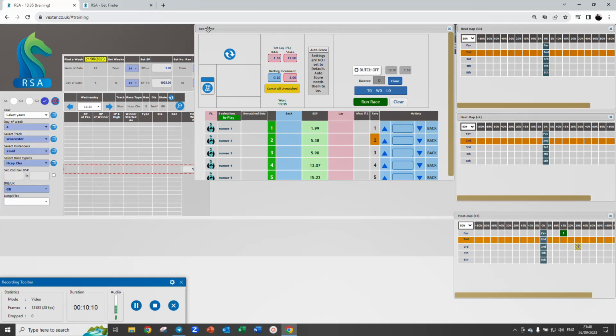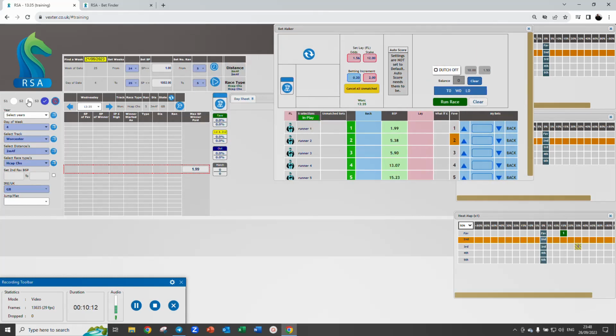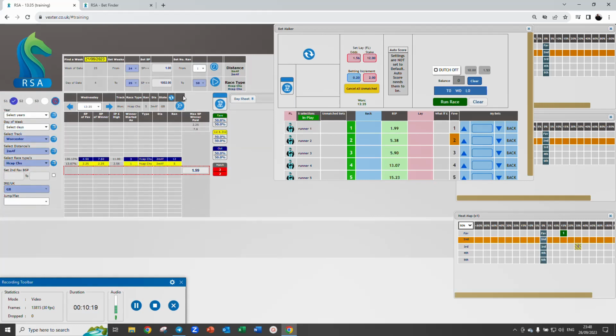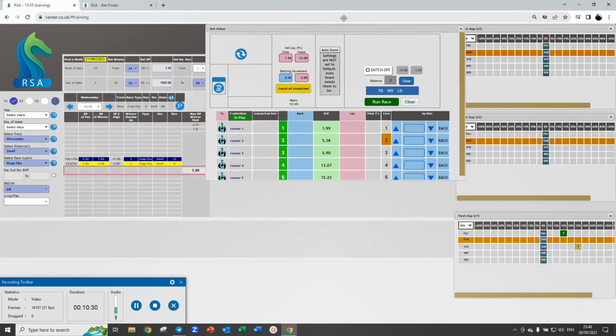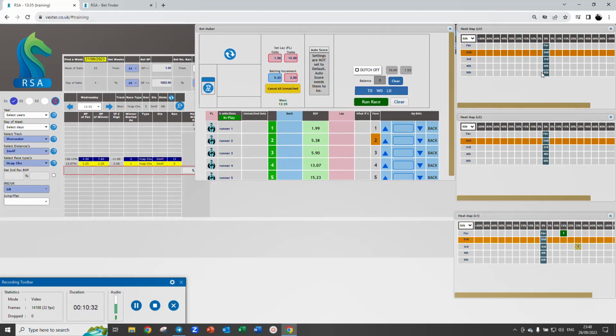So you can see they all do what they're meant to do: plus or minus 2 runners, all runners, and the track without the day, track with the day, track with the day but equals exact number of runners. And I made these a bit smaller so I could actually see the runners here. Okay, so let's have a look at this one. Okay, so here we go with this one. Exact number of runners never happened.